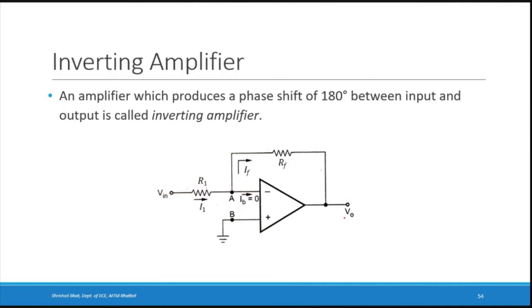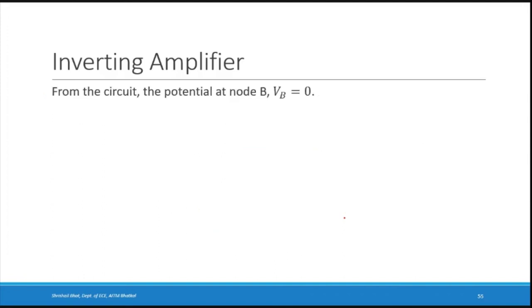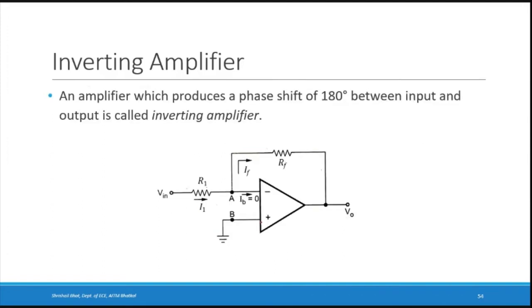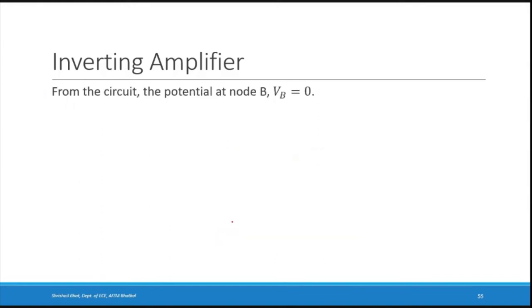From the circuit, we see that the non-inverting input terminal is grounded. Take the node at the inverting input as point A, and this node as point B. The non-inverting input terminal is grounded, so the potential at node B, that is VB, is 0.